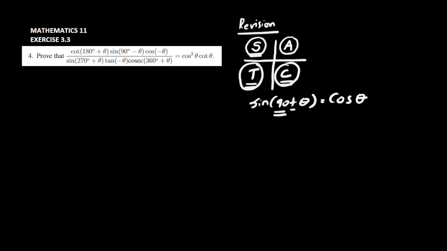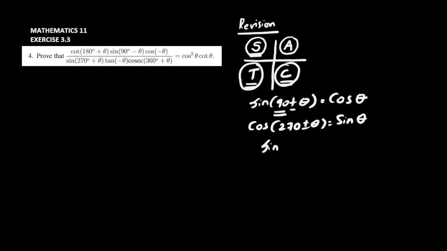It applies to both plus or minus for the 90s and same for 270. You got to change the function if it is a 90 plus or minus or 270 plus or minus theta. This you got to know.